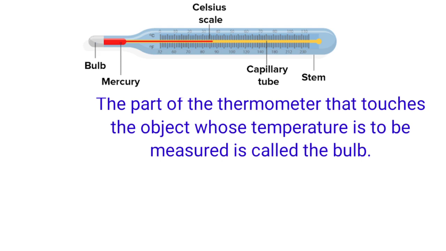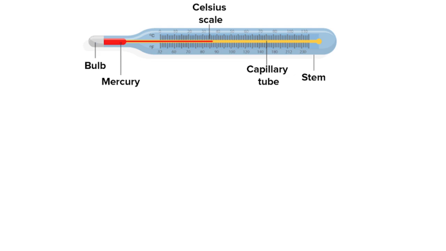Mercury is the most common liquid that is filled in the bulb of a thermometer. The glass capillary tube through which the mercury rises or falls as the object around the bulb heats or cools is called the stem. The scale marked on the stem indicates the temperature of the object.